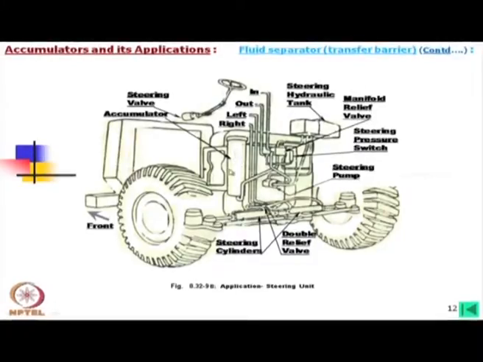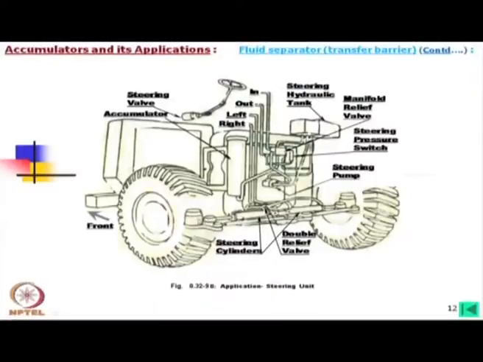Now, if we think of the steering, normally what we do, suppose we are trying to turn the car or any vehicle, we move this one, then the steering system, which is fitted to the wheel hub of the steering wheels, rotates the wheels to a position.